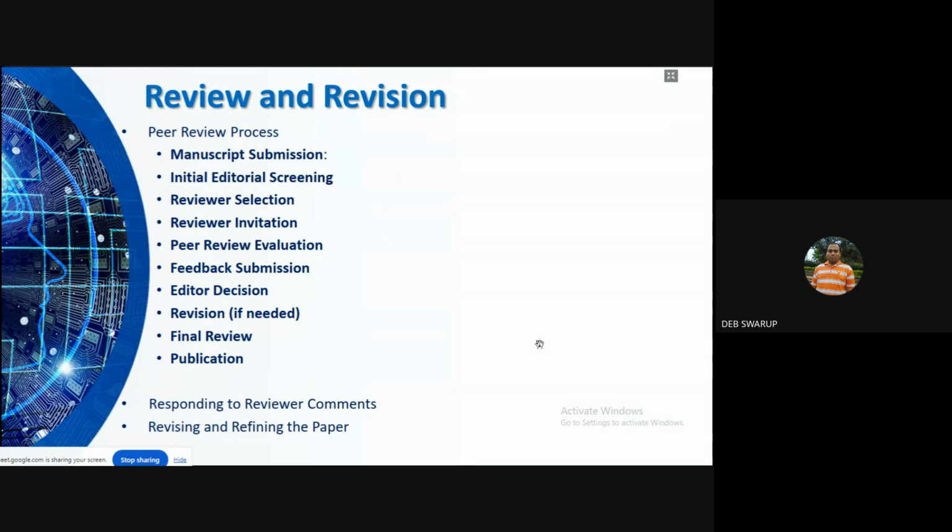One is blindfolded, the other is a plain review. Blindfolded means the reviewer will never know who the authors are. And the traditional review method means the reviewer will know who the writers of the paper are.